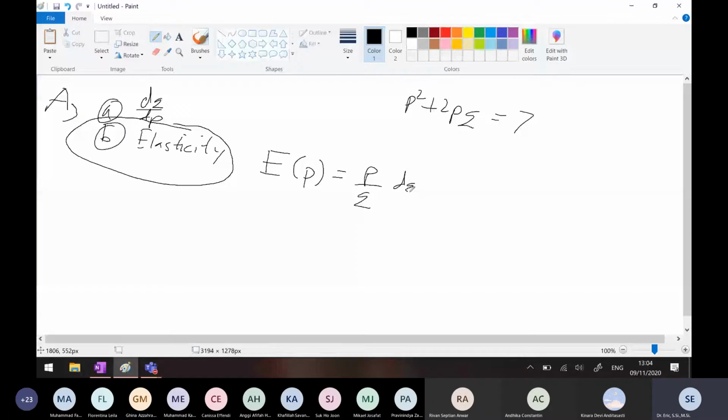But some of you didn't even write the formula and just left it blank. I think you have to struggle more.